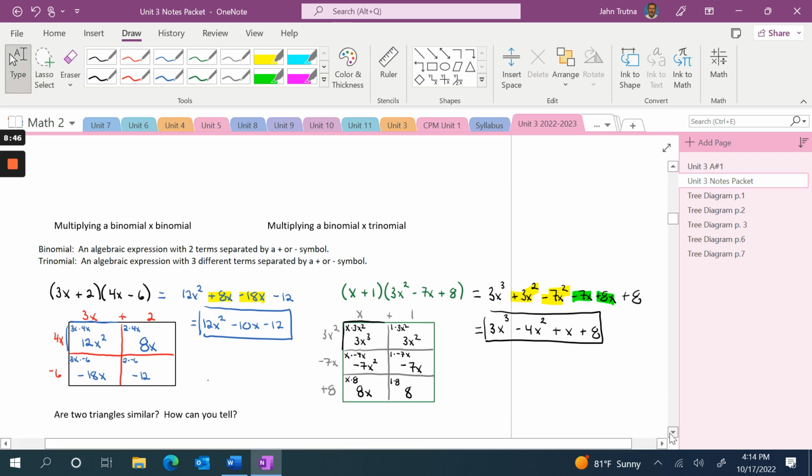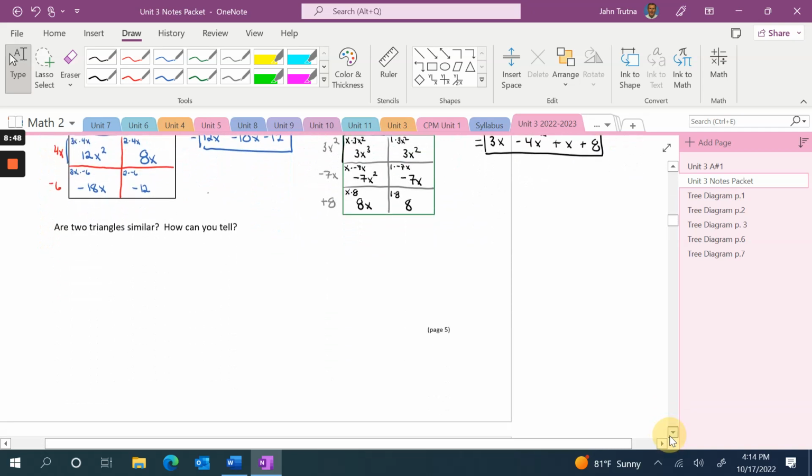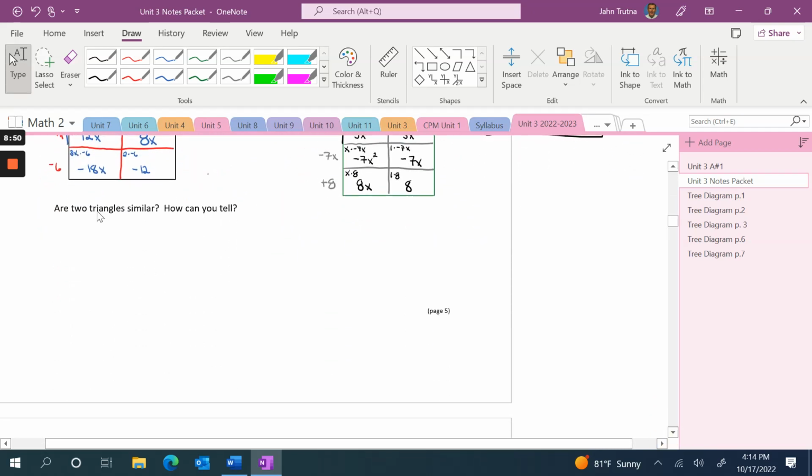All right. The next part, which is a review for us: are two triangles similar? How can you tell? So remember, there are 3 ways to show two triangles are similar.